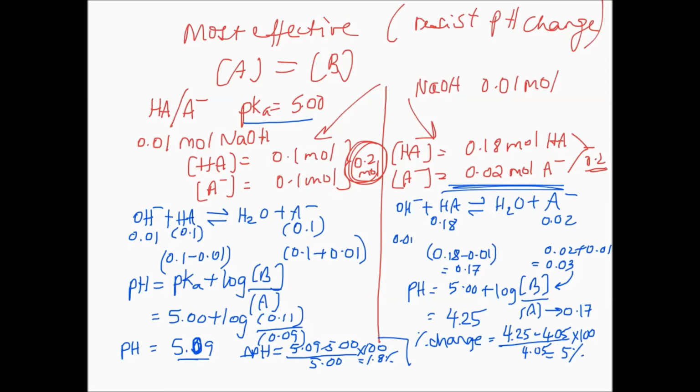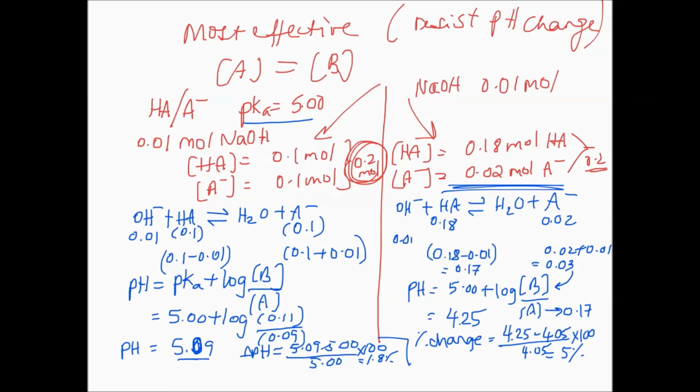So for a buffer to be reasonably effective, relative concentrations of the acid and the base should not differ by more than a factor of 10. You can keep that in mind as you define the buffer capacity and the buffer range for a given buffer.